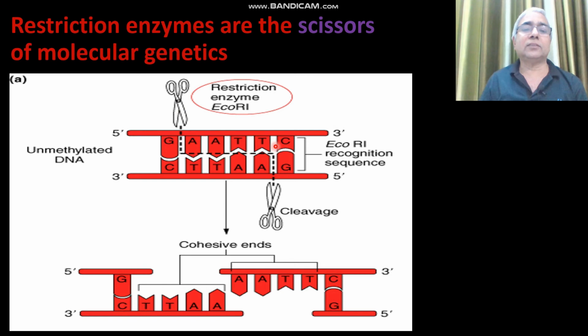When it finds this sequence, it cuts between G and A towards the 5' end, and similarly here towards the 5' end it produces a nick between G and A, and these two ends get separated. As a result, in both these DNA molecules, a certain part of the DNA becomes unpaired, or you can say it becomes single-stranded.